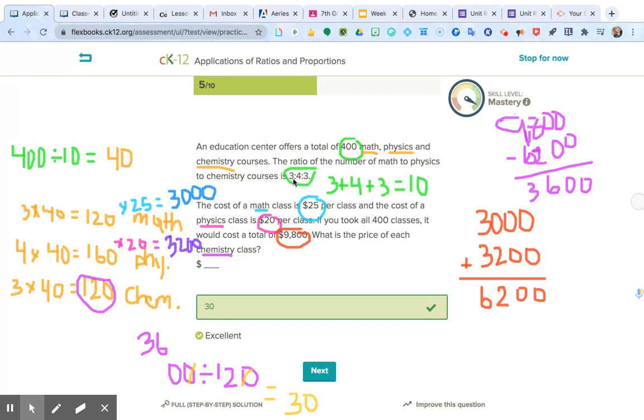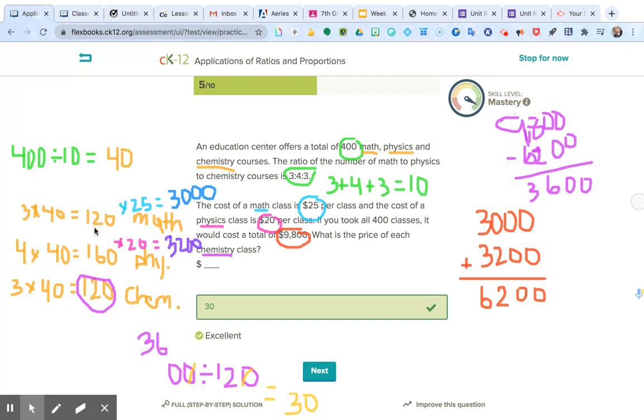So just to review, I added the ratios together. I found out it was 10. I divided the total number of classes by how much each ratio needs for it to be complete, and I got 40. So then once I found 40, I knew that I needed to multiply each of these by 40 to get the number of classes.